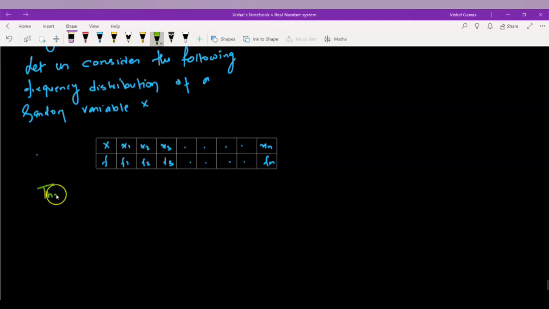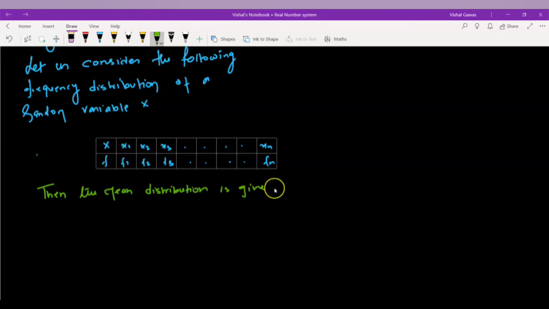The mean of the distribution is given by multiplying the frequencies by the corresponding values of x.